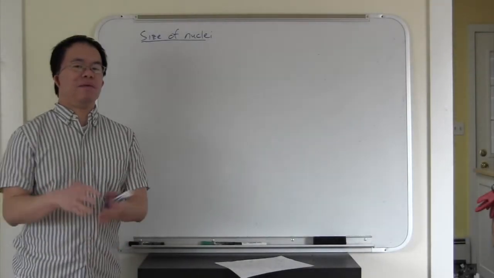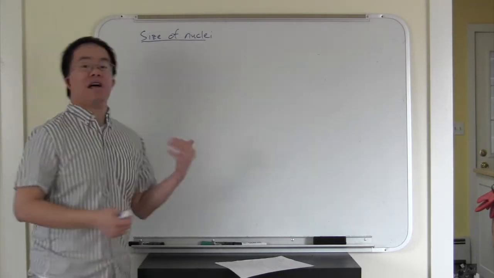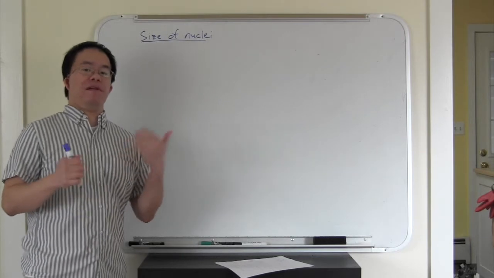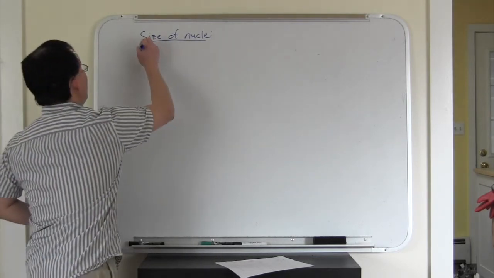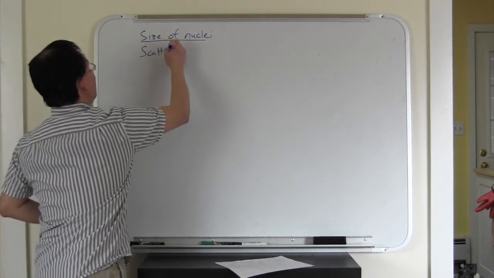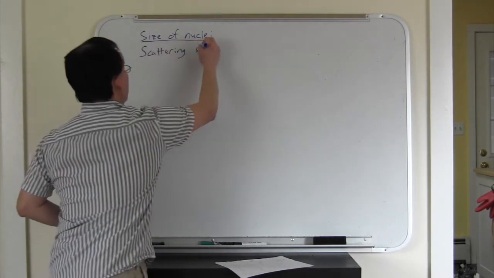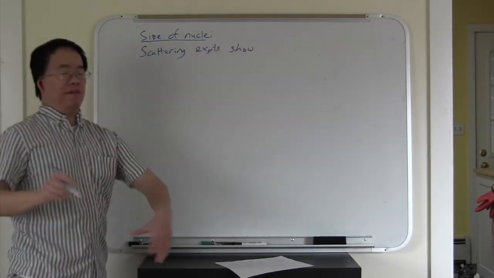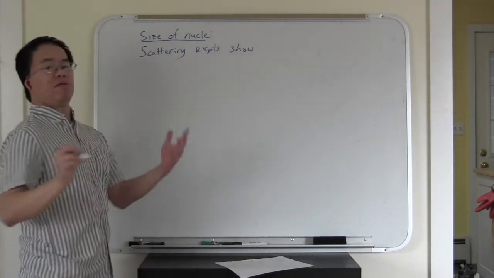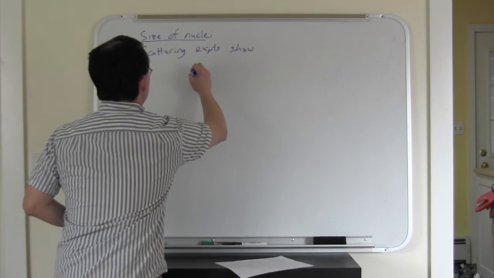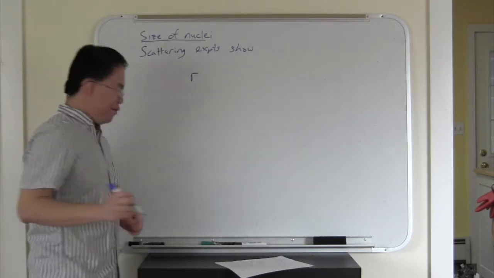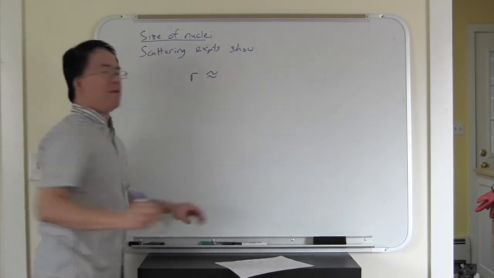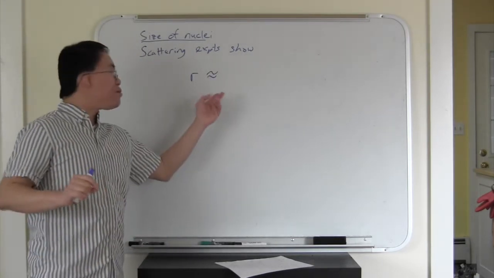Something I wanted to mention about length scales is the size of nuclei. You can show via scattering experiments that the radius of a typical nucleus goes like the following. So the radius r of the nucleus scales roughly, so this is an approximate sign.